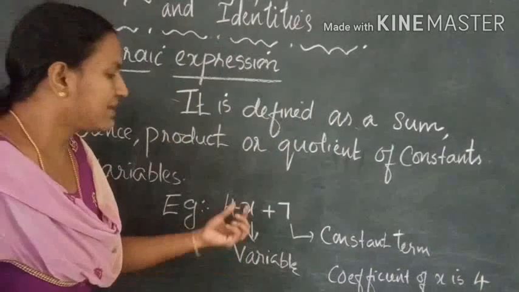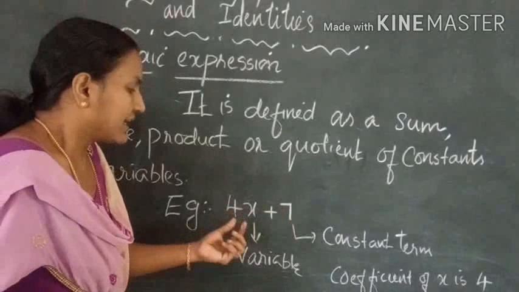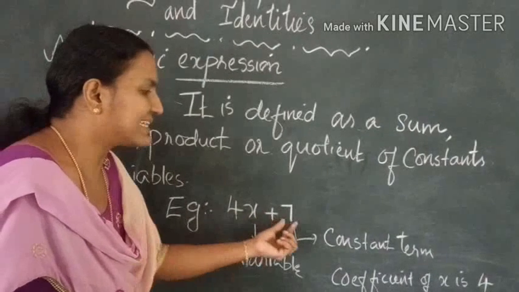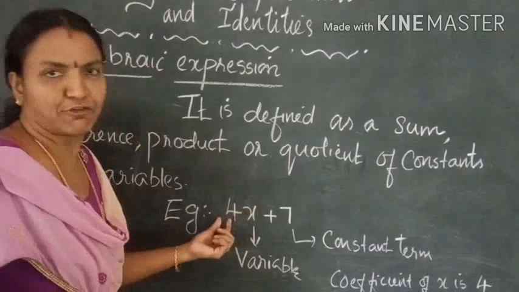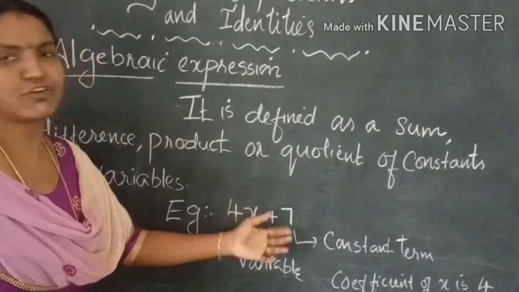For example, in 4x plus 7, x is the variable, 7 is the constant term and 4 is the coefficient of x.